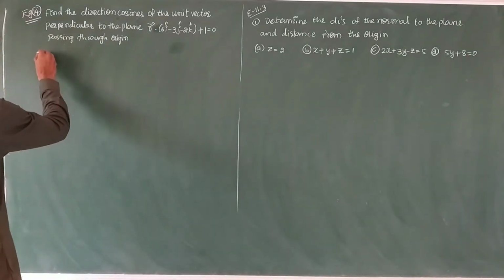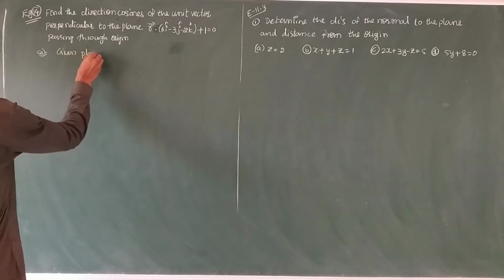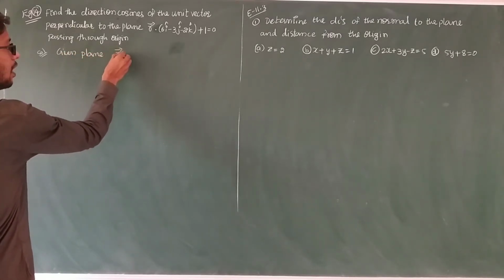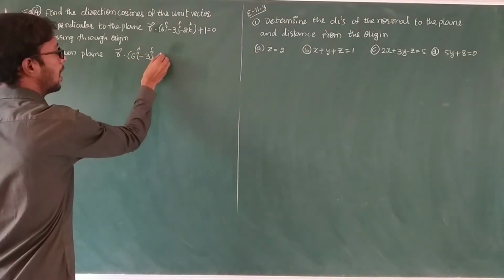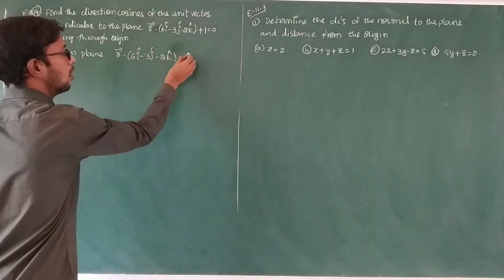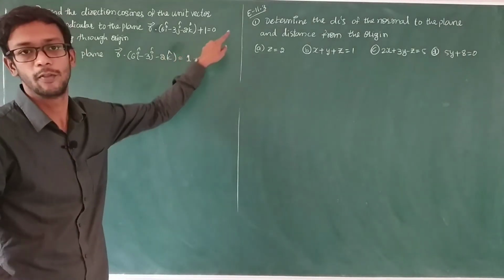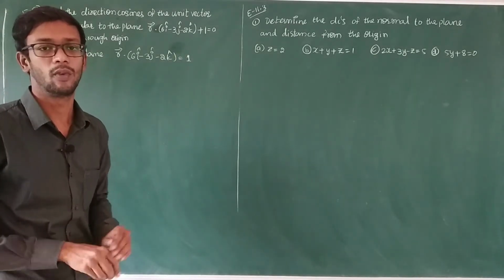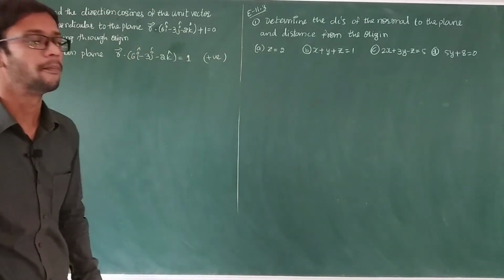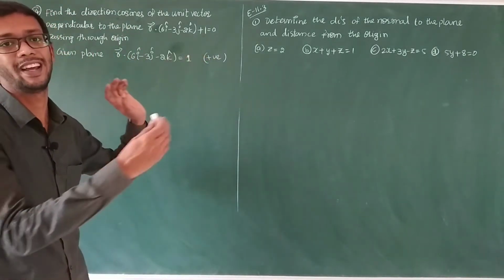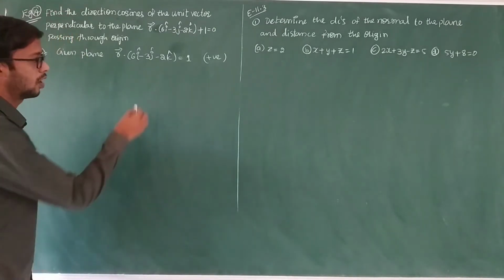Solution: the given plane we can write as r bar dot 6i cap minus 3j cap minus 2k cap equal to 1. Positive 1 is there; if you are sending it to the right side it will be negative 1, but distance is positive, so compulsory you have to take the right side positive 1. Now I'll find the magnitude of this vector.